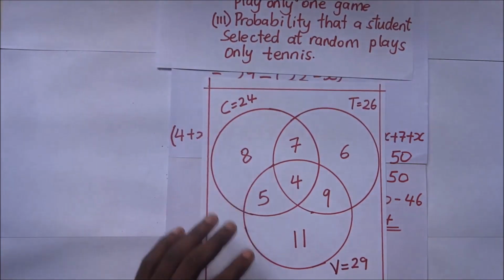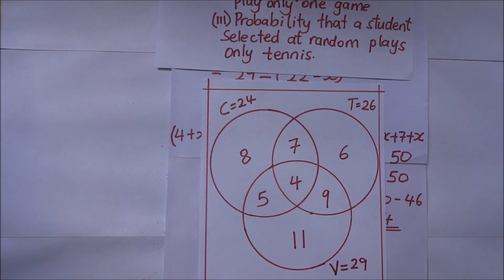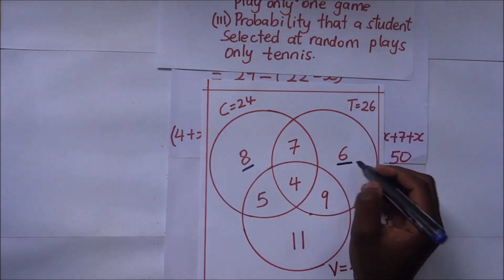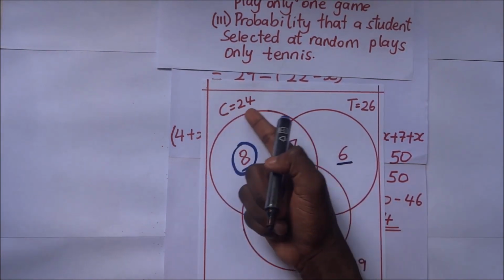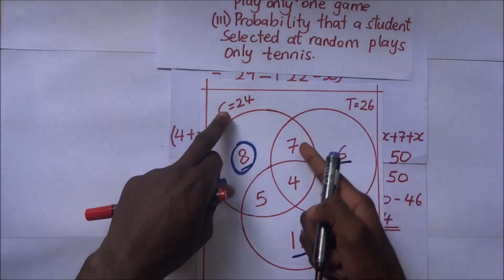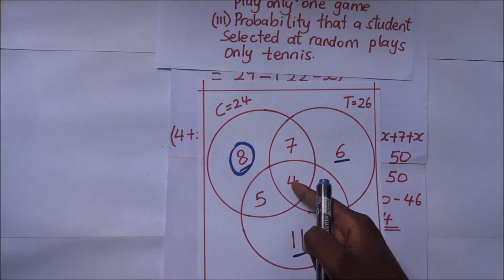Roman 2, the number of students who play only one game. The number of students who play only one game are these ones: 8 plus 6 plus 11. These 8 play chess only. These 7 play chess and tennis only. These ones play only 2 games. These ones play all the 3 games.